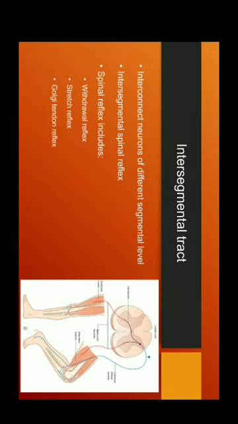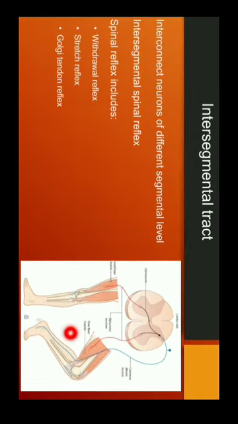To give an example, as I explained in my first lecture, if the sole of the foot of a sleeping person is pricked with a sharp pin, the leg is reflexly drawn up. You can see here the pin which is shown. The pin pricks the lower limb, and there is a sudden withdrawal of the limb. This neural mechanism happens because of the withdrawal reflex.